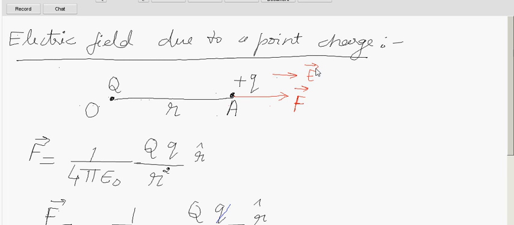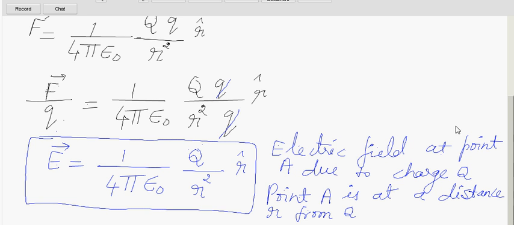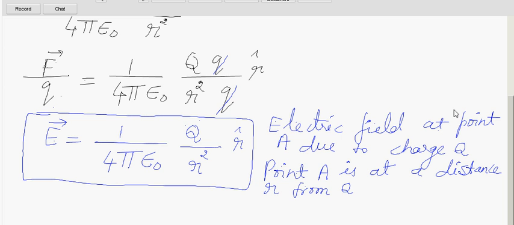So the electric field is a vector quantity, and at any point it is directed in the direction of the force. From this derivation we can calculate the electric field due to a point charge Q at a distance r from it.